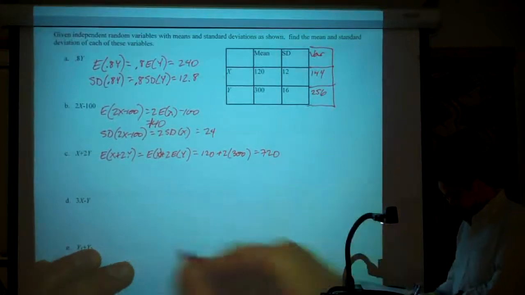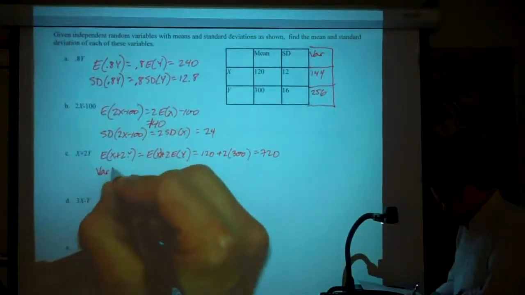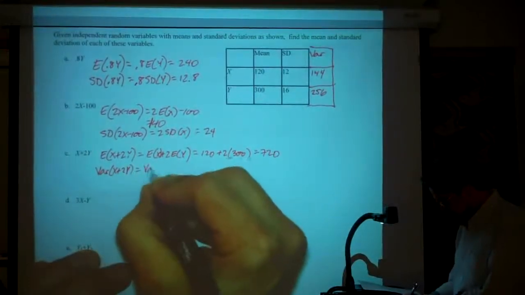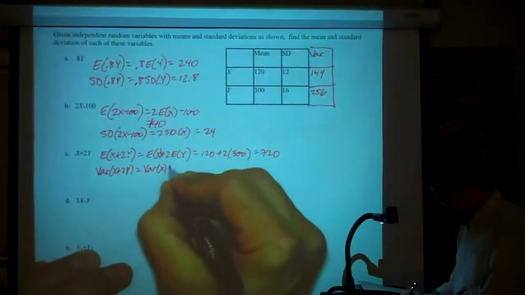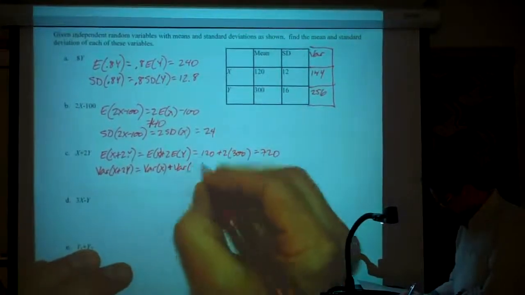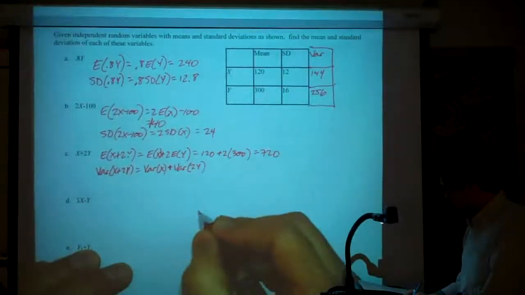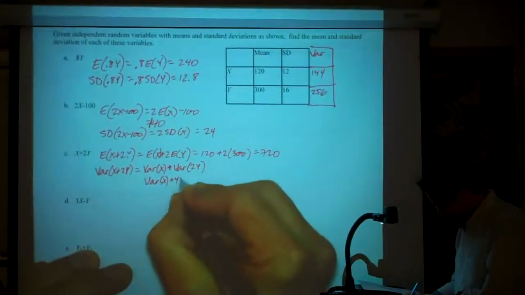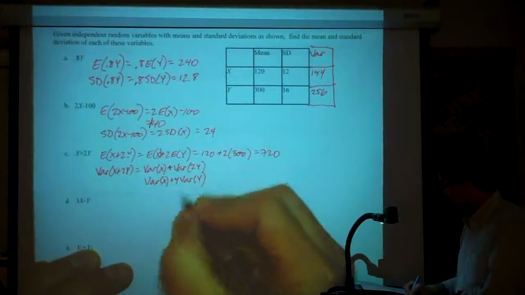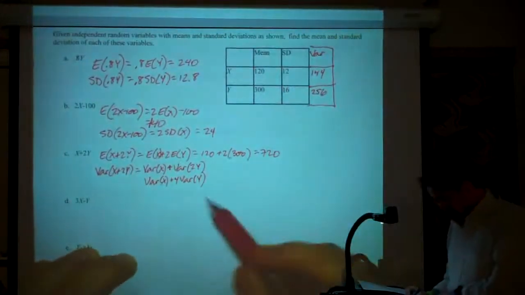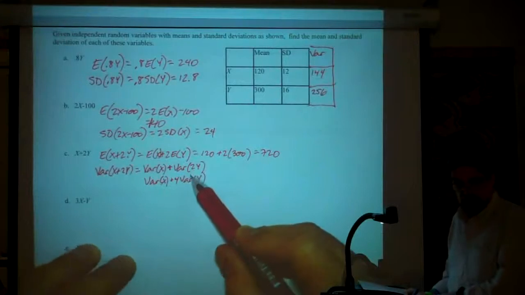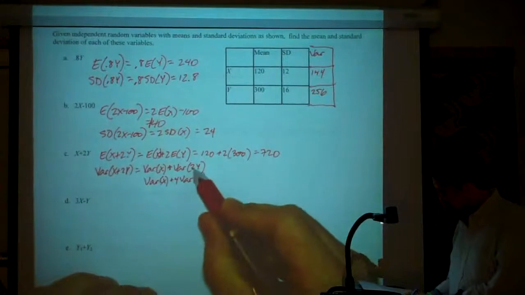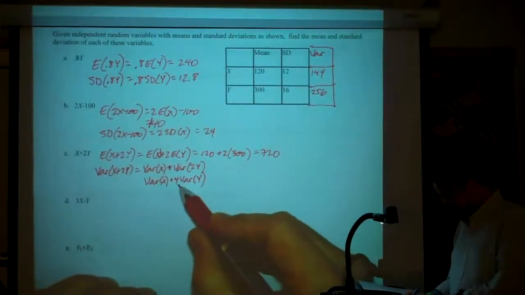So the variance of x plus 2y is the variance of x plus the variance of 2y. And the variance of 2y is 4 times the variance of y. Why? Because you take this 2 and you square it. Remember, the variance is the average of squared differences. So if you multiply everything by 2, the variance is going to be multiplied by 4.